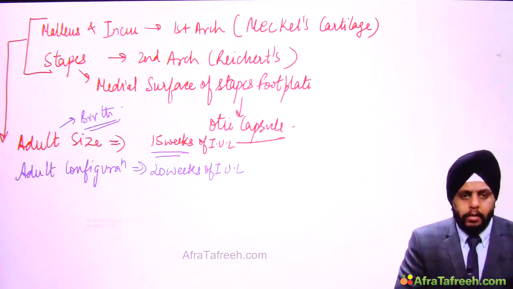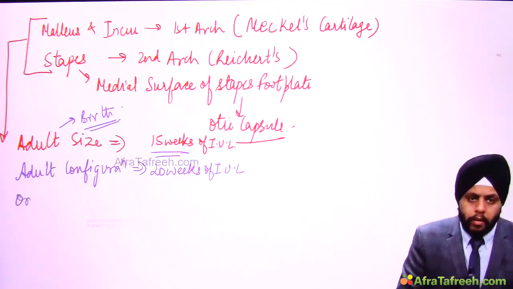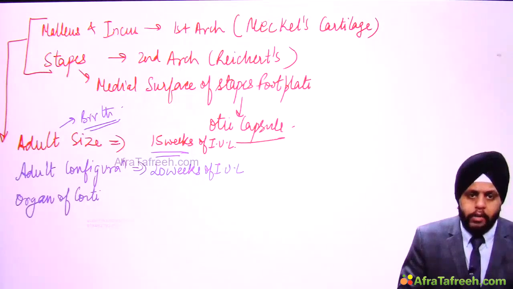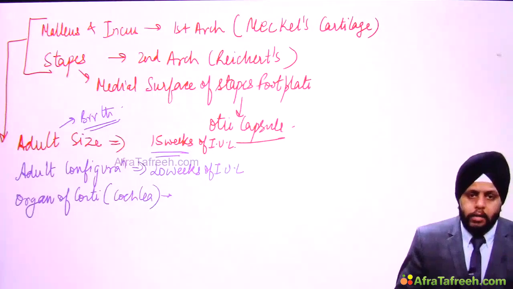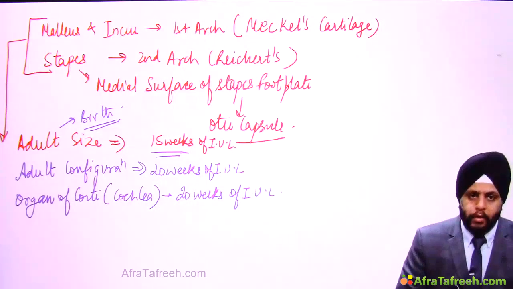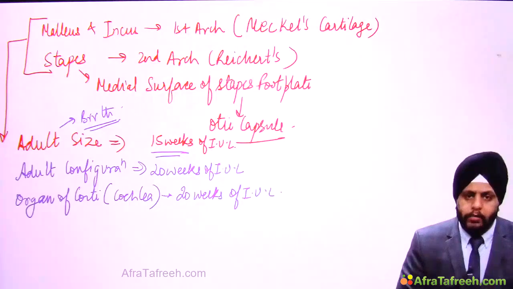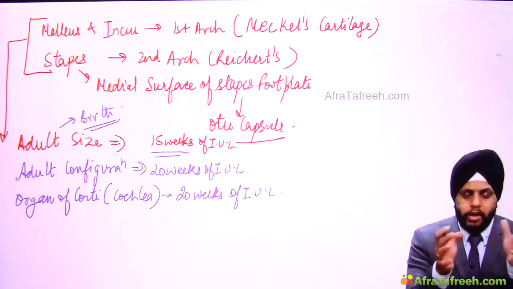Okay, right. Now over here we can also discuss organ of Corti. So what is organ of Corti? Organ of Corti is a sensory organ for cochlea. Now this organ of Corti, it starts hearing, this question is asked in the exam, by 20 weeks of intrauterine life. Remember Abhimanyu. So we have this story from Mahabharata.